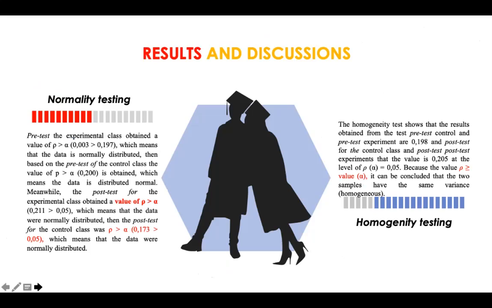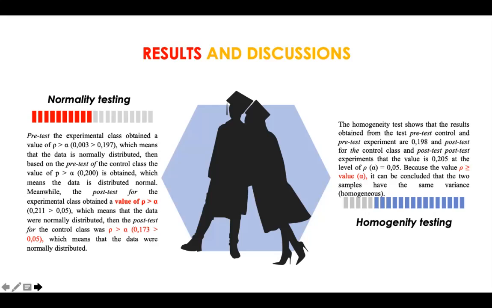Based on the interpretation of the results of the normality test, it was found that the pre-test for the experimental class and control class came from data that was normally distributed, and the result of normality testing in the post-test of the experimental class and the control class came from data that was normally distributed. You can see this from the probability value being bigger than alpha.